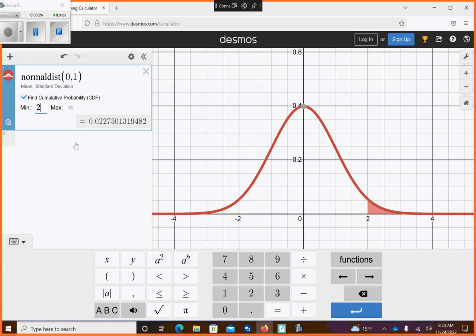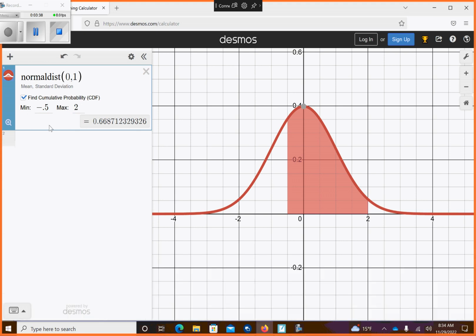Okay. And then the amount of people that earn a B would be negative 0.5 to 2. So 66.9% would earn a B according to his rubric.